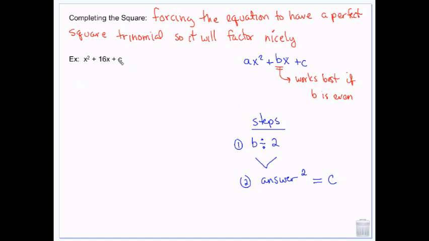So to find our c to make this a perfect square trinomial, I'm going to take 16 and I'm going to divide it by 2. And that's 8. And then I'm going to take 8 and I'm going to square it, and that is 64. So to make this a perfect square trinomial, it will be x squared plus 16x plus 64.